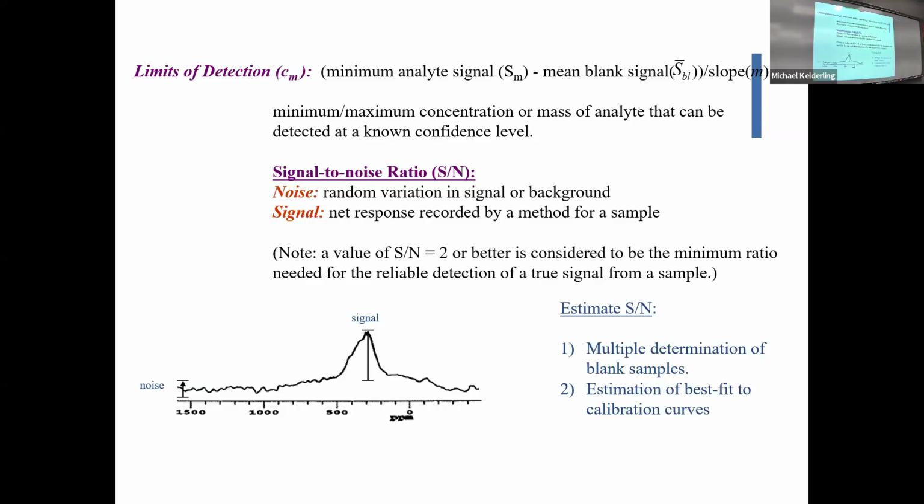So how big your signal is compared to the noise in the background. So the noise is the random variation in the signal or background. The signal is the net response recorded for a sample. And you want a signal to noise ratio of 2 or better to consider it being a reliable detection of a true signal from the sample.